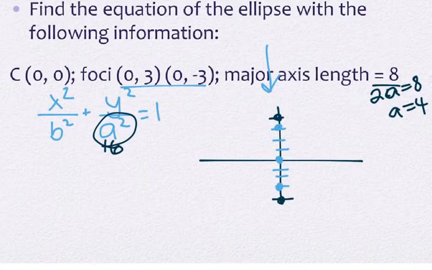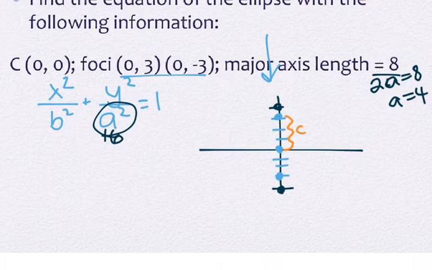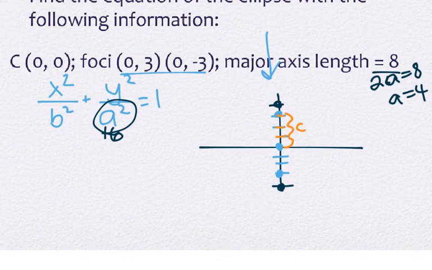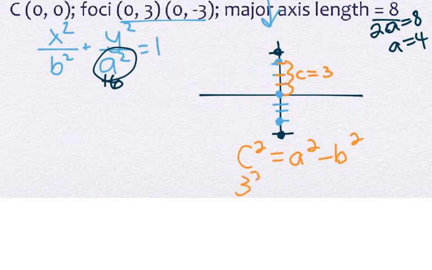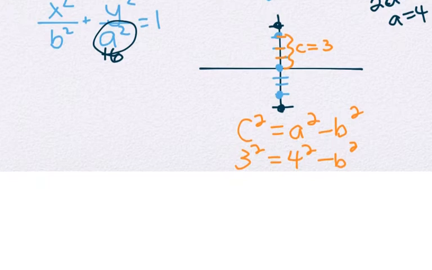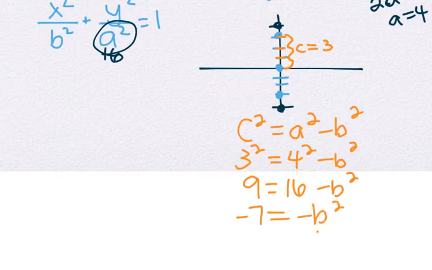So all I need is the b. Well, the distance between the center and the foci is c. So that's 3, then I can do c squared equals a squared minus b squared. 3 squared would equal 4 squared minus b squared. 9 equals 16 minus b squared, and I'd get negative 7 equals negative b squared, and b squared equals 7.